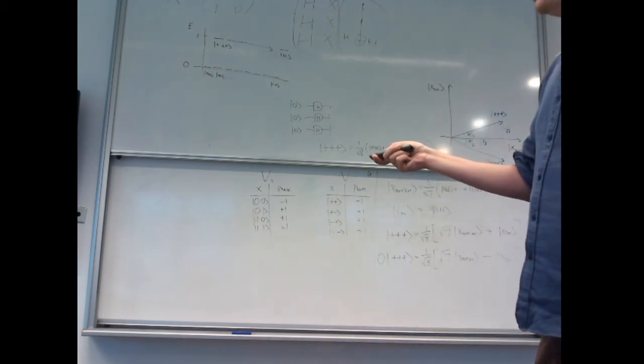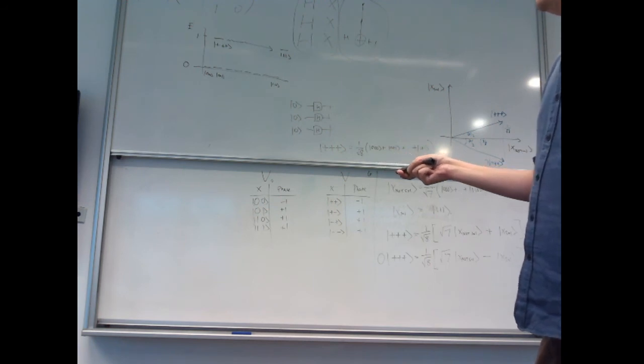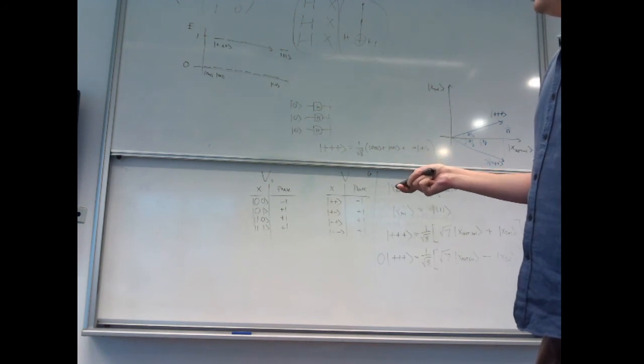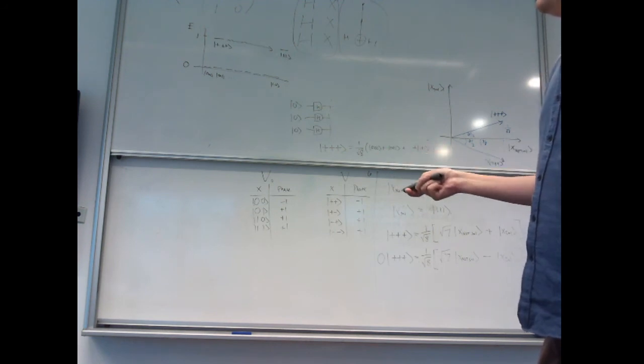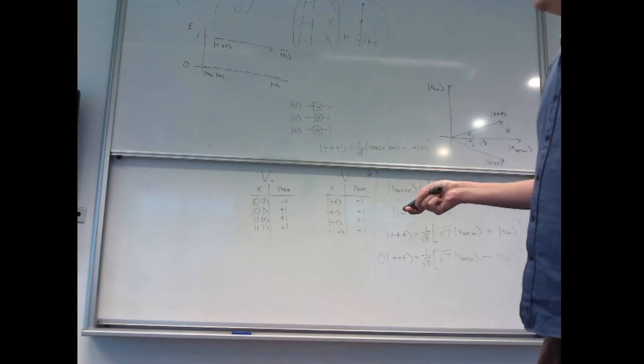So that's just that. And we know that after one oracle, the sign flips, but then after application of the V, it will go up by another 2 theta. So eventually the angle here is going to be 3 theta over 2.